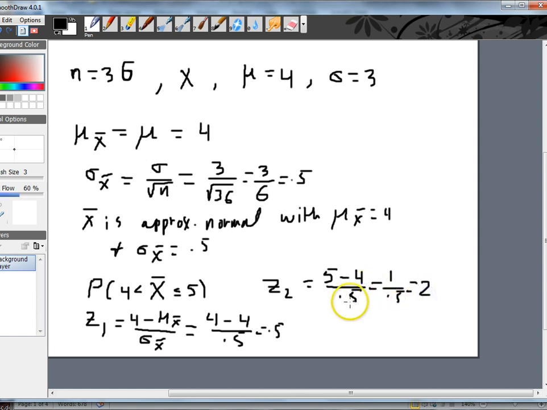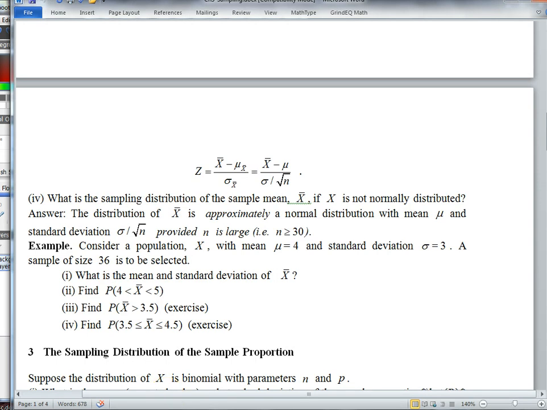So now the problem becomes P of z between 0 and 2. We've seen this one before, right? So that's between 4 and 5. Okay, let's continue with this.